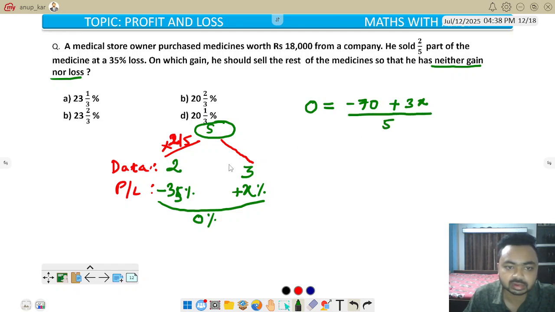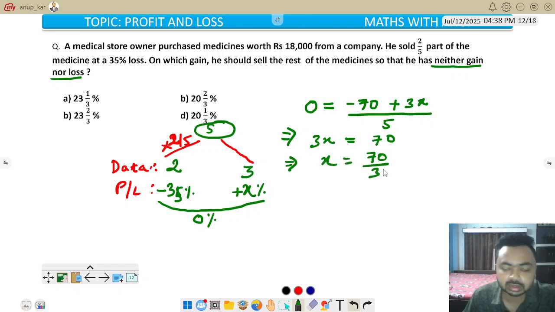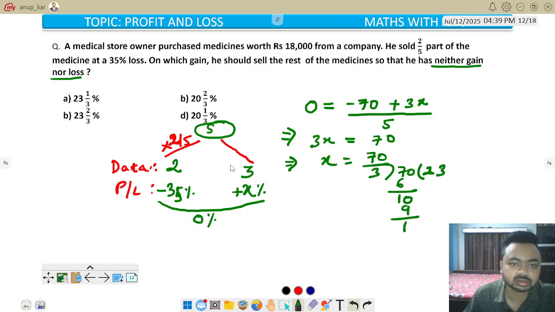This 5 is 2 plus 3. So my 3x equals 70, x equals 70 by 3, so it will come out to be nothing but 23 1 by 3%. So this will be my answer. I hope it is clear.